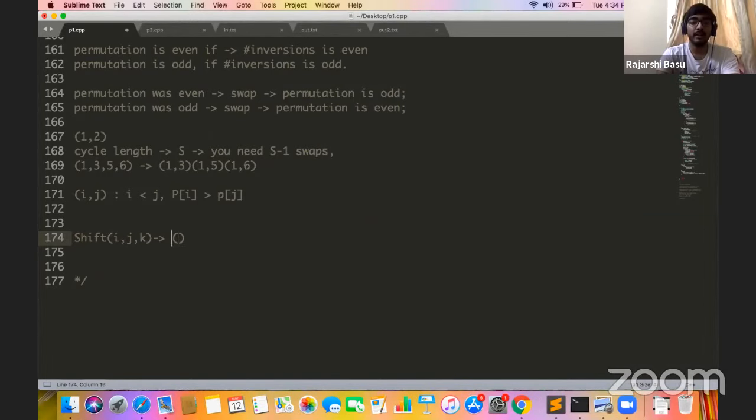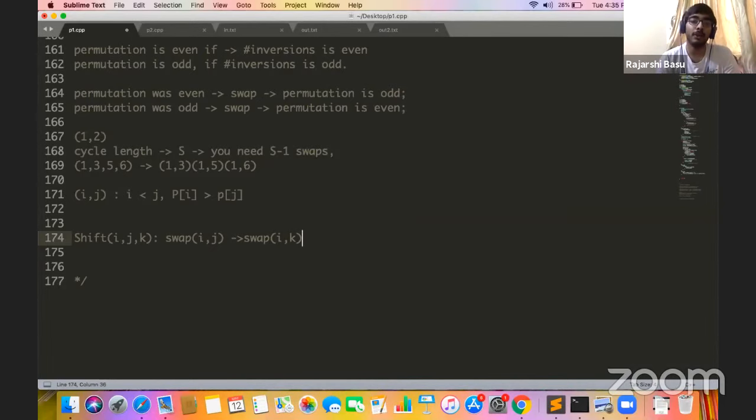Shift ijk is effectively swapping i, j and then swapping i, k, right? Again, the same logic. You keep the first element fixed and swap all the other elements with the first element.